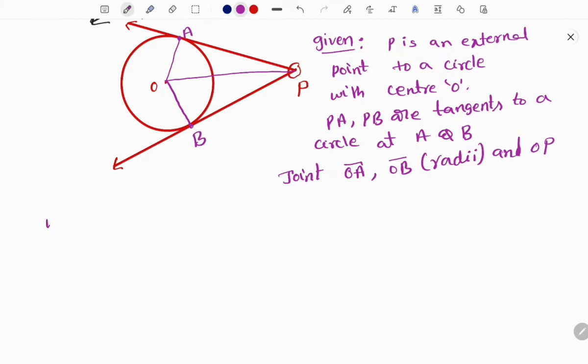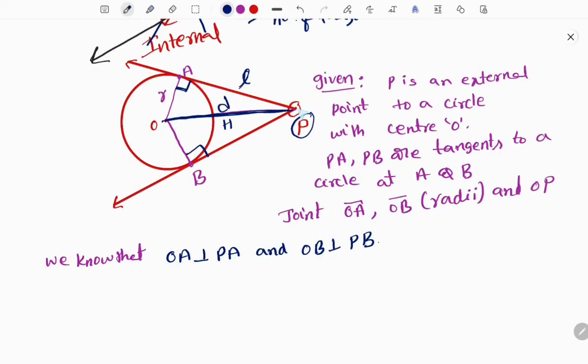Now we know that the radius is perpendicular to the tangent, yes or no? Radius is perpendicular to the tangent. Therefore OA is perpendicular to PA and OB is also perpendicular to PB. I hope all of you understood these points.